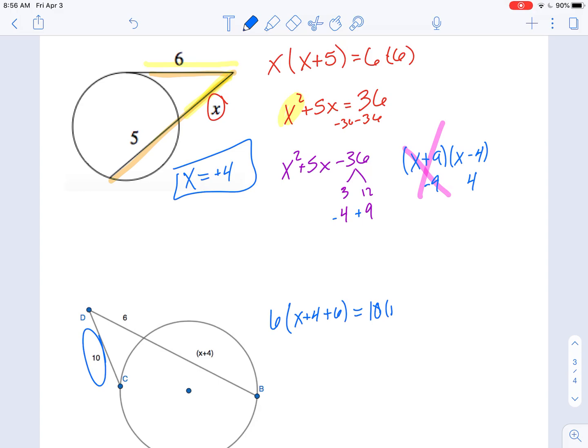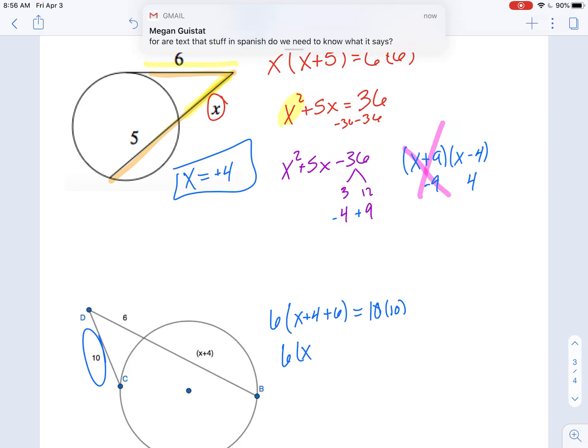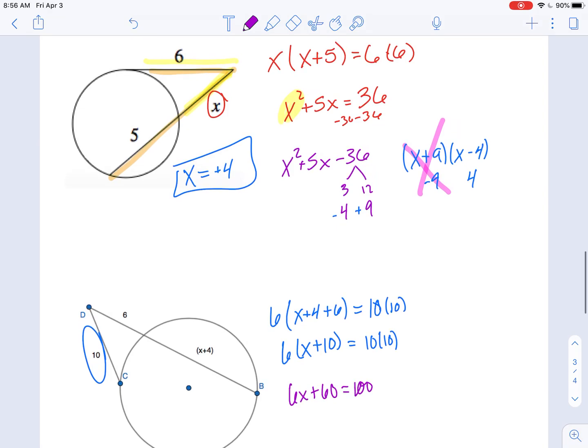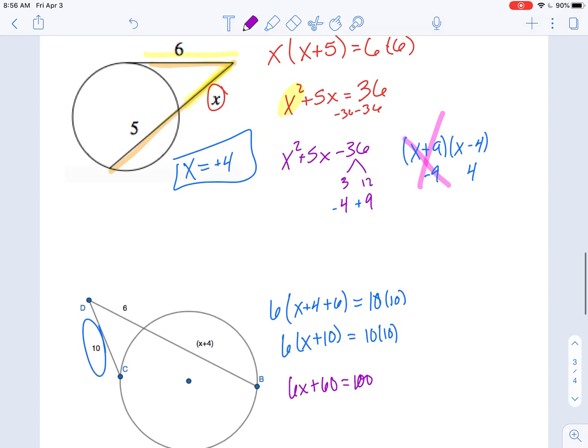And the last one here, same idea. Part outside the circle is 6. The whole secant is x plus 4 plus 6, and the part outside the circle is 10, and the whole length is also 10. So 6 times x plus 10 equals 10 times 10, or 6x plus 60 equals 100.